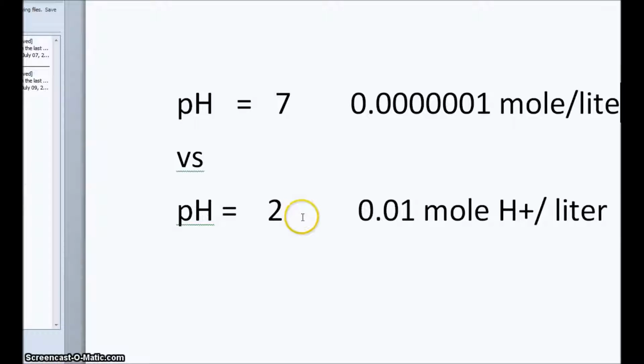The negative logarithm, log base 10, of the hydrogen ion concentration. So the smaller the pH number in terms of its absolute value, the larger the number of hydrogen ions per liter.